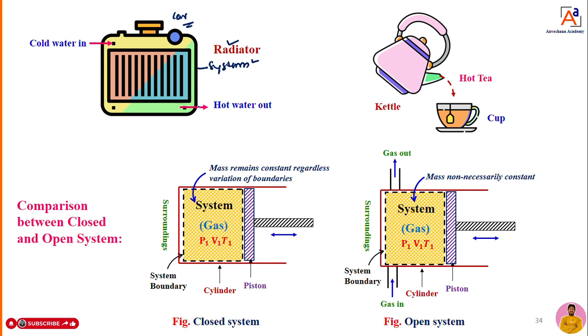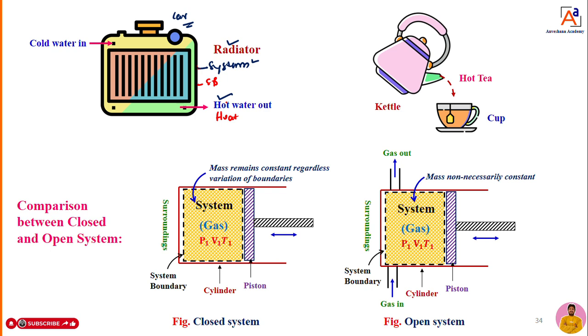Assume that I am going to remove that hot water from the radiator. If the hot water is coming from the radiator, it is going to carry some amount of heat. That means heat is transferring across the system boundary. This is the system, and I will assume a system boundary. Heat is crossing the system boundary.